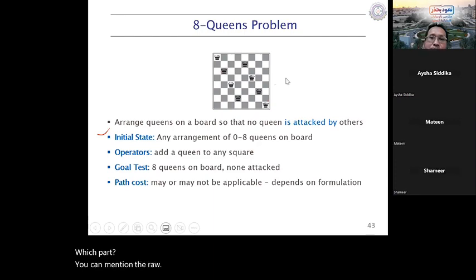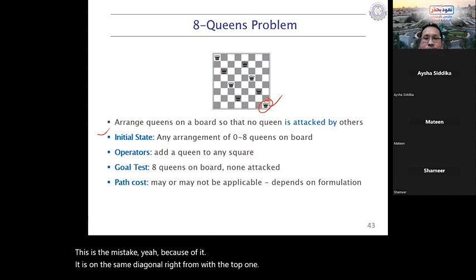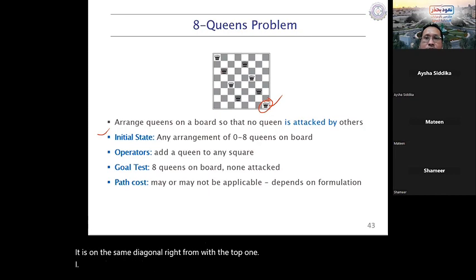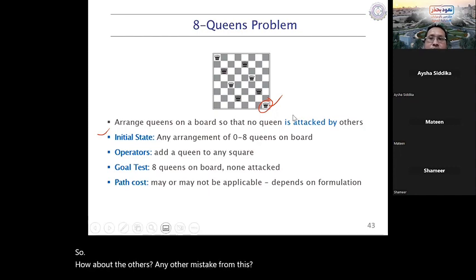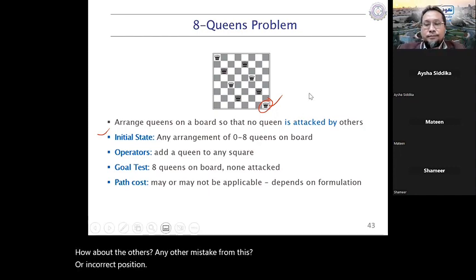Okay, so let's say this one. This is the mistake, because it is on the same diagonal with the top one, right? So how about the others? Any other mistake or incorrect position? Can you see?